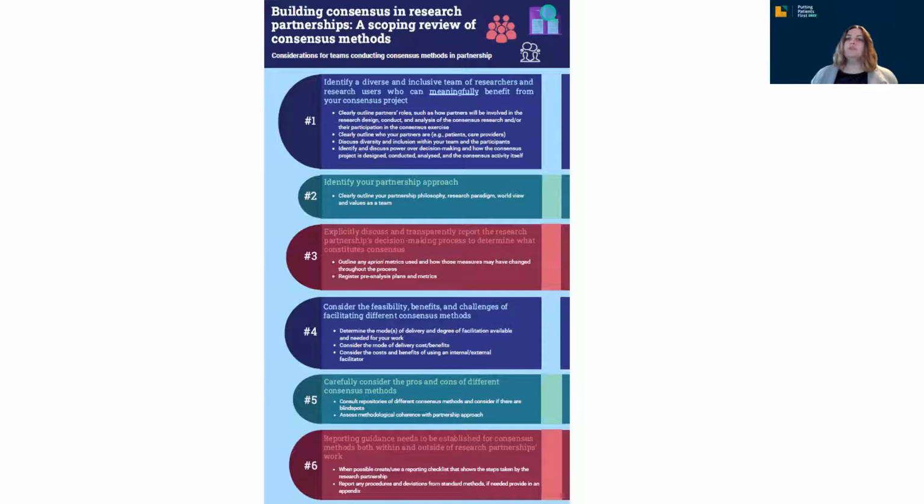So if you choose a Delphi with different variations, what does that look like? What degree of facilitation do you need? Given COVID, you have to pivot and use a different mode of delivery, but then always report on that and discuss that. Next, carefully consider the pros and cons of different consensus methods.